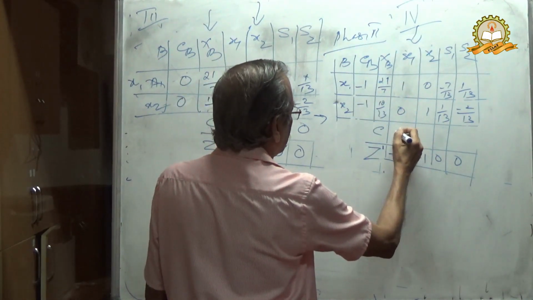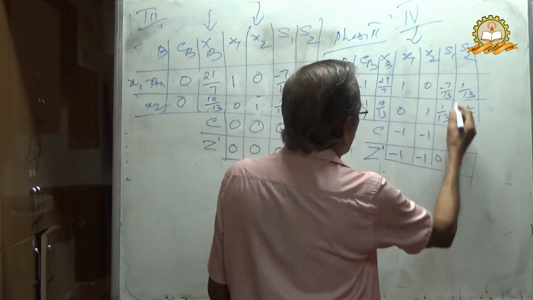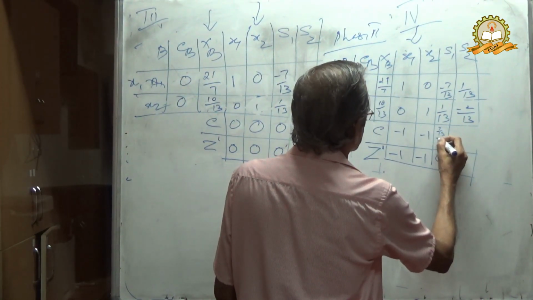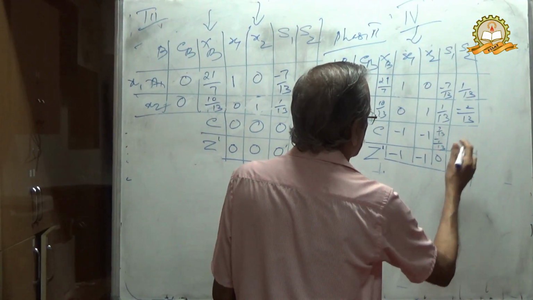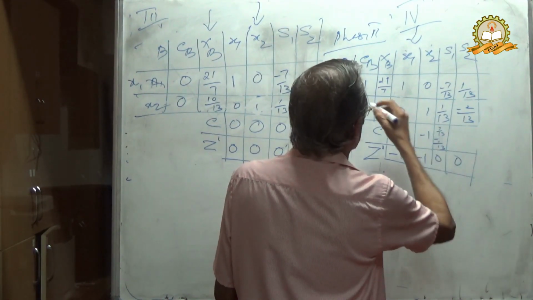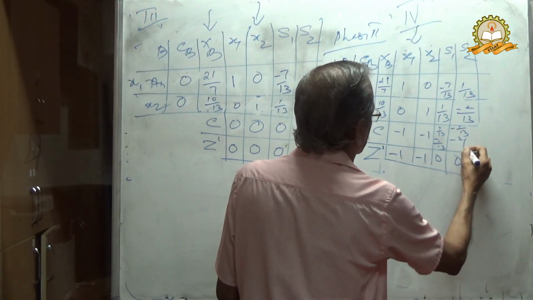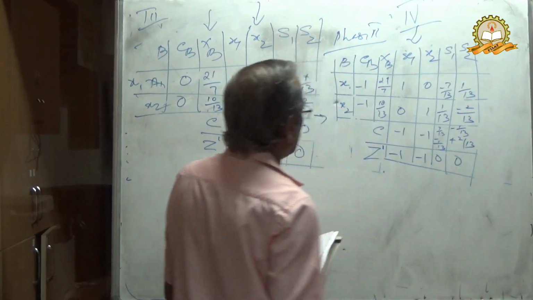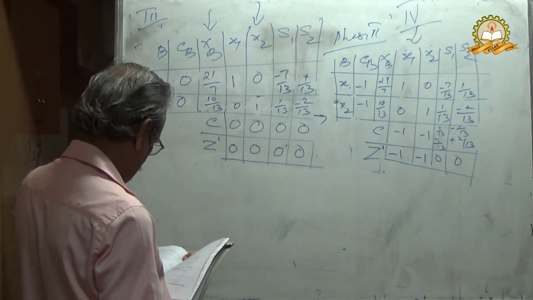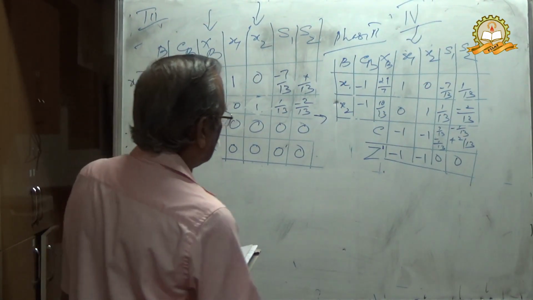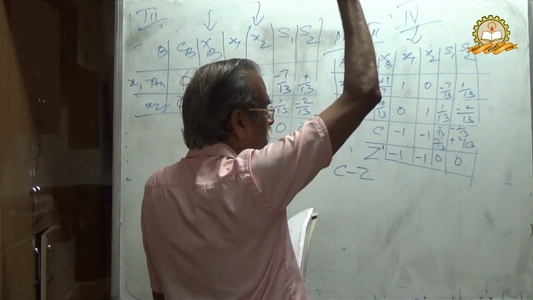Now you can simplify: minus 1, 0, minus 1, 7 by 13 plus 7 by 13 minus 1 by 13. And here you have minus 1 by 13, minus 2 by 13, plus 2 by 13 minus 2. Therefore, you have C minus Z. At phase number 2, substitute the original problem converted.